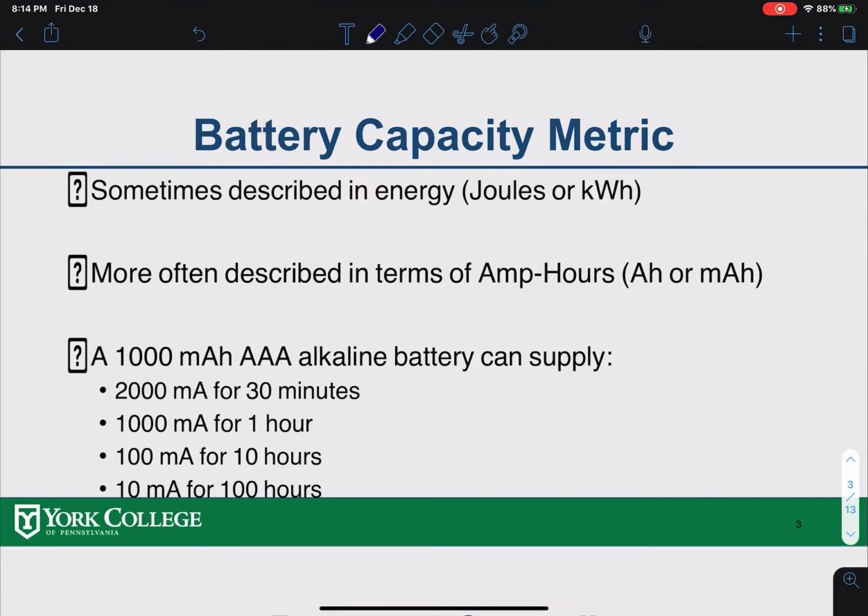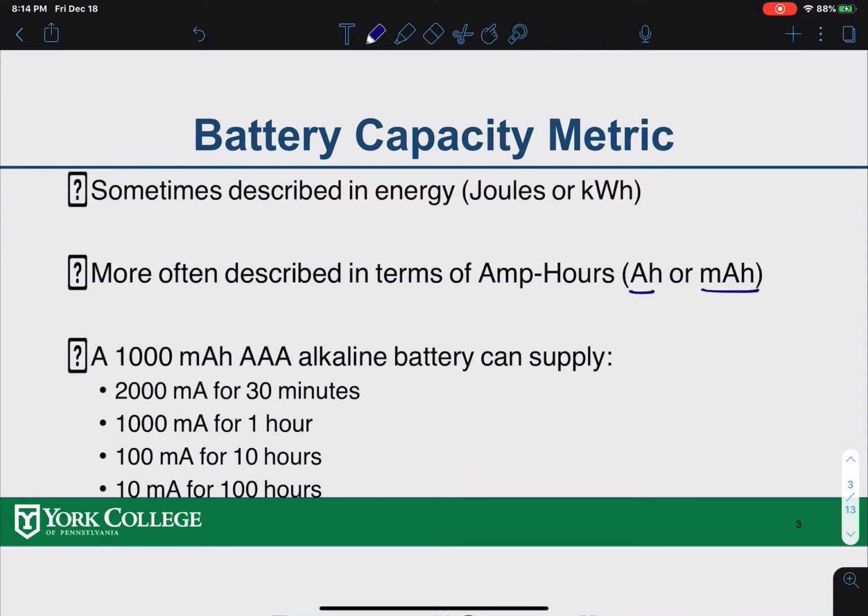So battery capacity is different than your energy. Your energy, we describe in joules or kilowatt hour. But battery capacity, we describe in amp hour or milliamp hour.